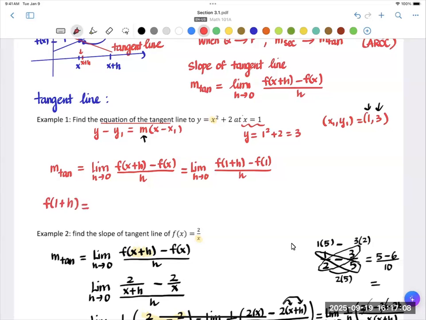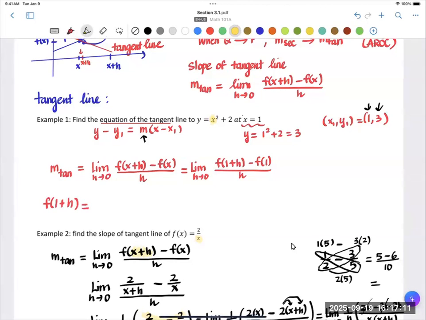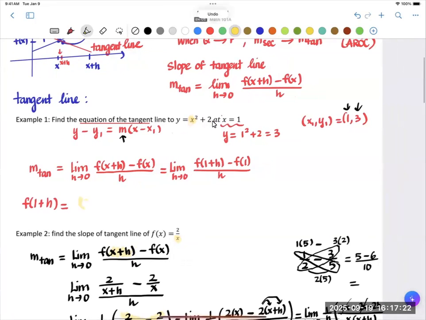F of 1 plus h means we have to replace everywhere we see an x in our equation by 1 plus h. So we will have 1 plus h squared, plus 2. Now we're going to expand the 1 plus h squared. Recall the formula (a plus b) squared is equal to a squared plus 2ab plus b squared.